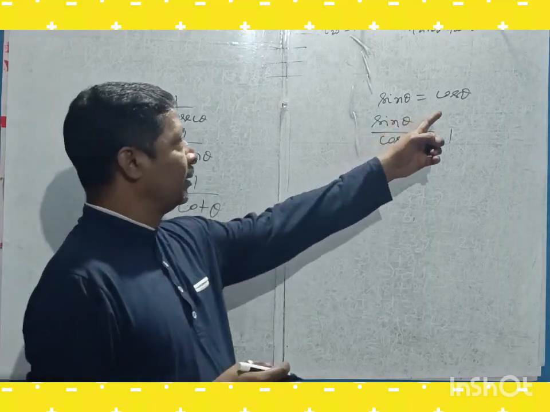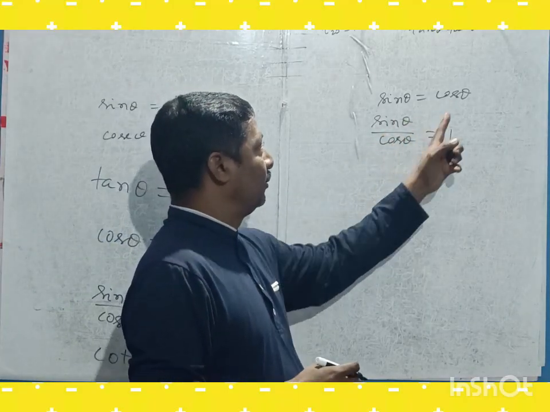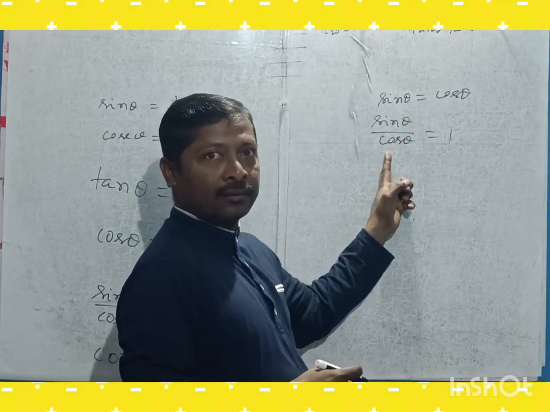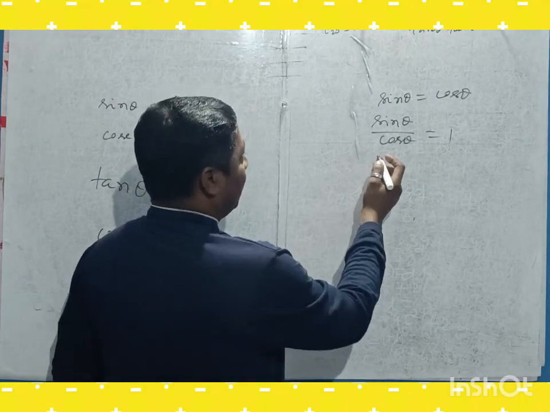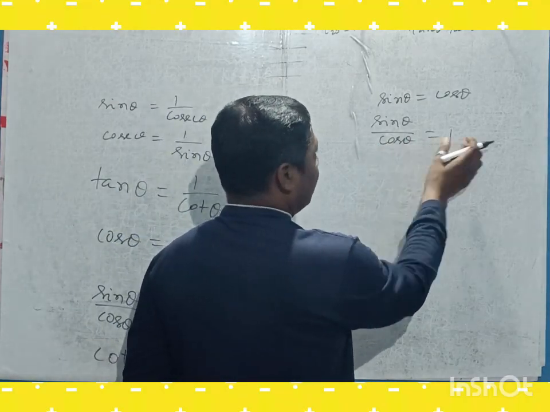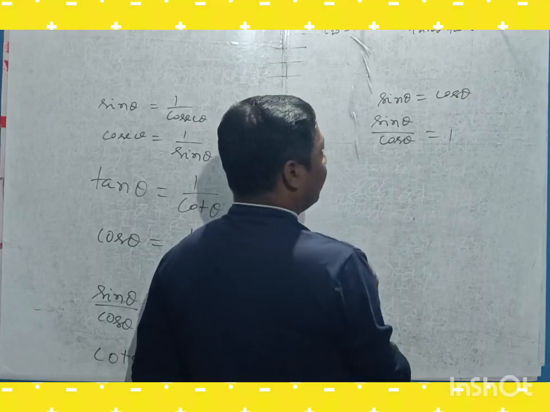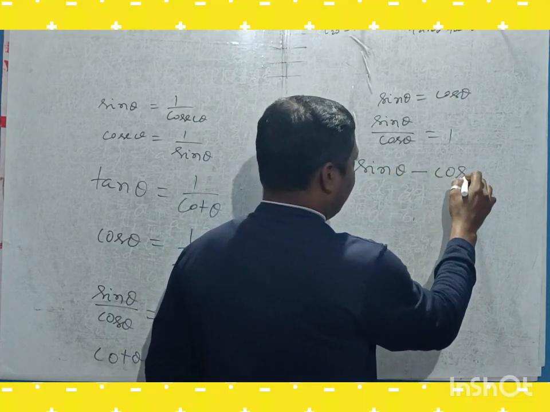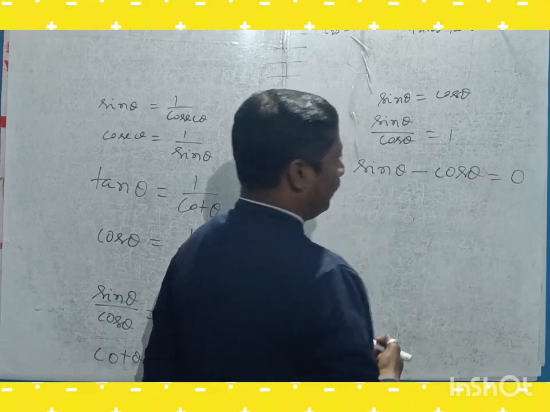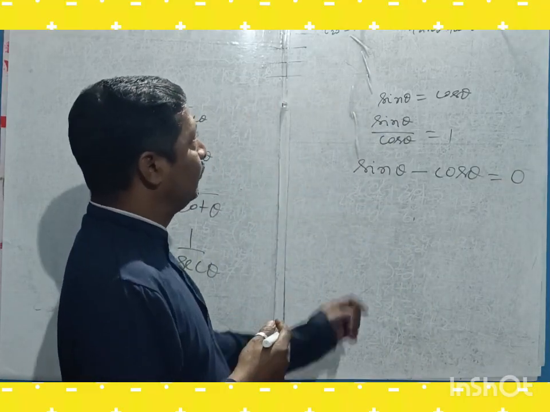If I bring cos theta here, it will be divided and it becomes 1. If I bring cos theta the other way, then it will be 0.